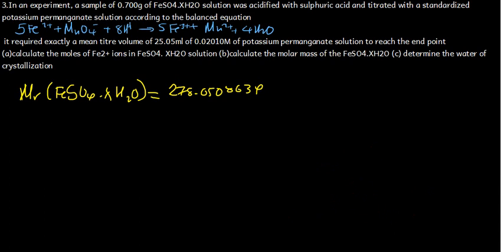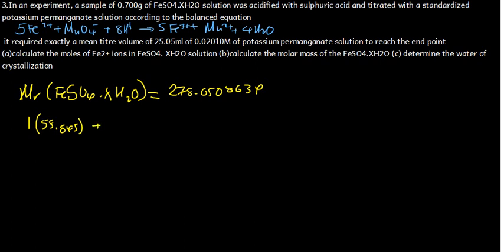But how do we find the molar mass if you've been given a formula? We only have one iron ion here, and so we go on the periodic table and get the molar mass of iron, which is 55.845.